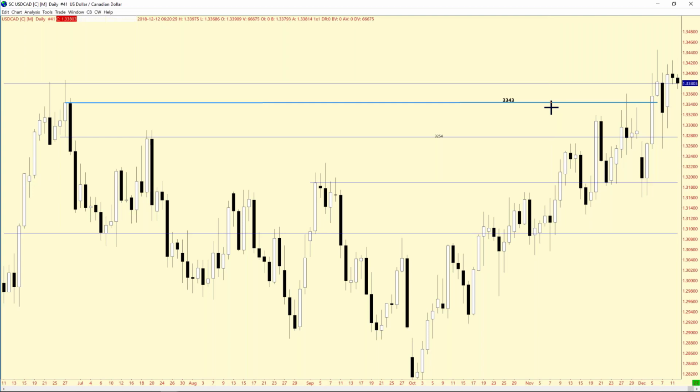A close below the 33.43, well, once again, in this case 34, will allow them to push it lower. The real key support will come in on the daily at 33.06 if we're able to slide back.